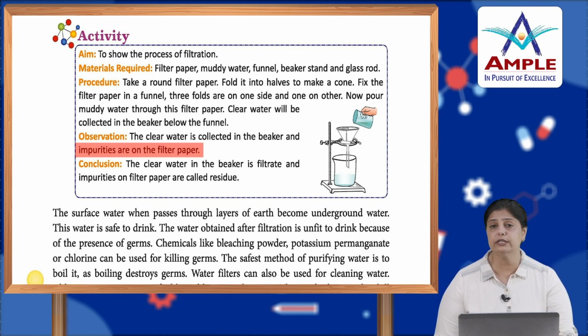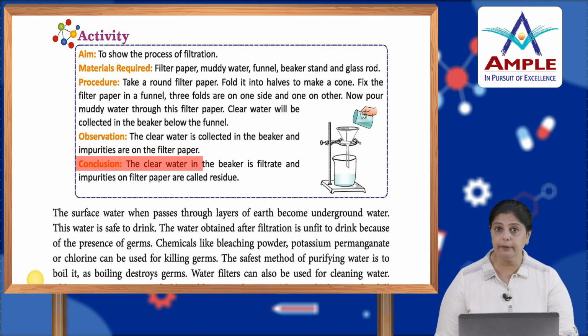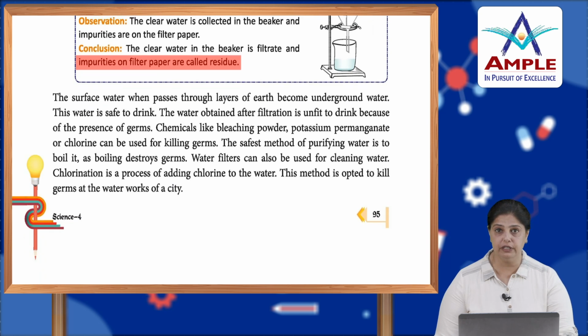Whatever was not dissolved was collected on the filter paper. The conclusion is that the clear water in the beaker is the filtrate and the impurities on the filter paper are called residue. Whatever impurities are left behind are known as residue, and the clear water is known as filtrate.